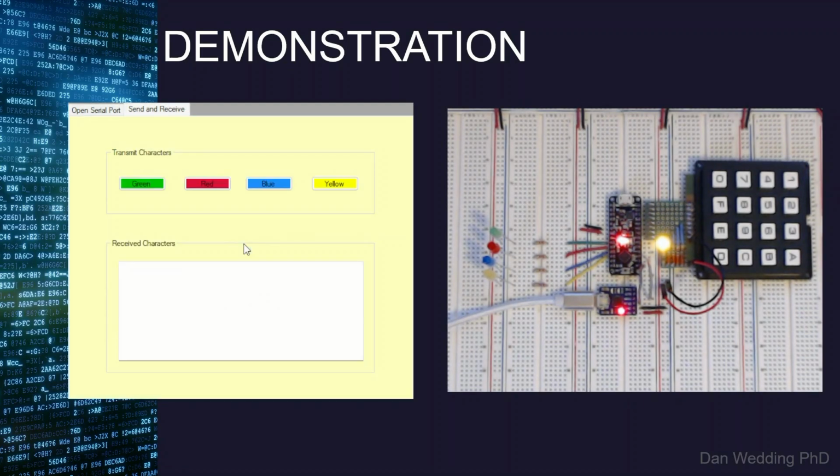I have 4 buttons. Each button controls one LED on the board. I also have a keypad. When I press a button, it will send the character printed on the button to the VB program and display it in a text box.